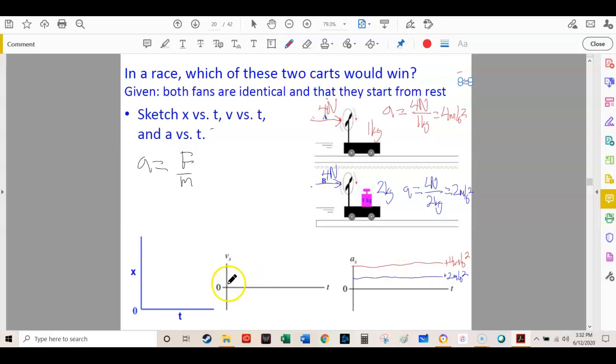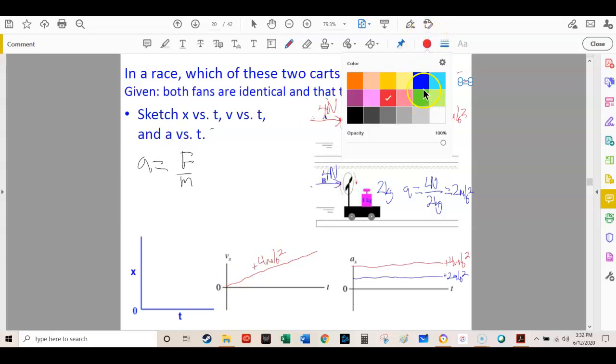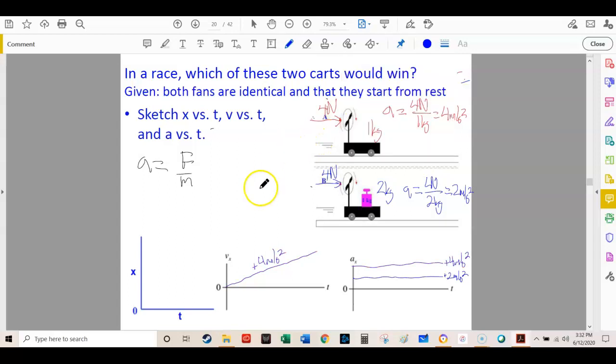And so what that means is the velocity versus time graph is going to have a slope of a positive 4 meters per second squared, and the blue cart is going to have half that slope. It's going to be positive 2 meters per second squared as its acceleration.